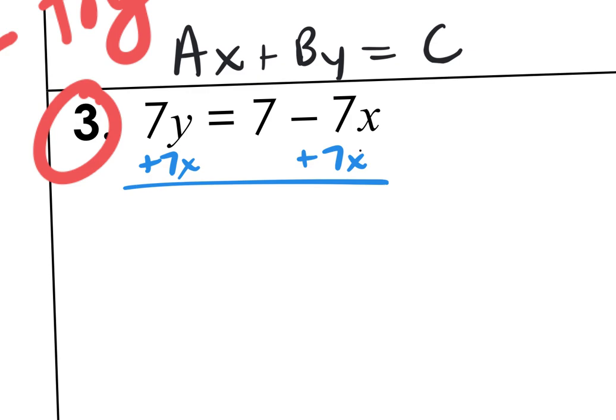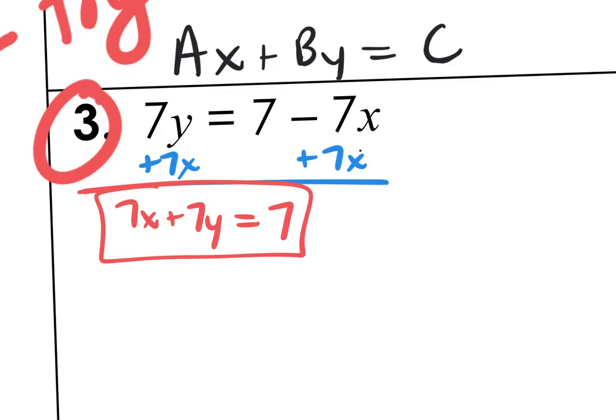So we should write 7x plus 7y equals 7. Look at your paper. If you put y first, change it. Because real standard form is ax plus by. Your x term needs to come first. This is the answer. Has to be x, then y. Really and truthfully, that is the answer.